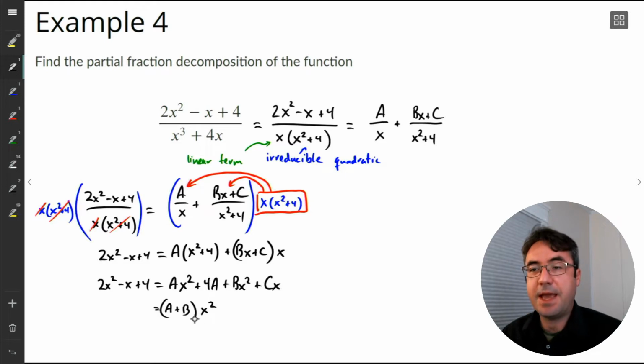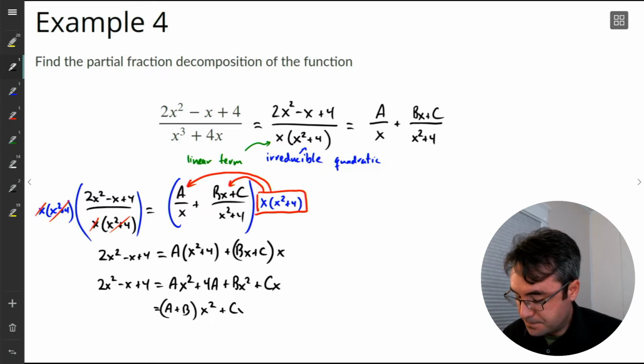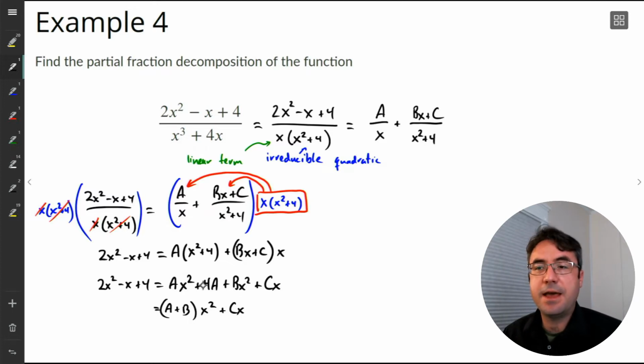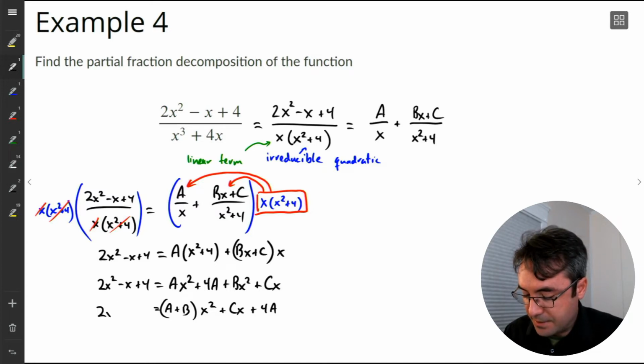So we get a plus b times x squared. Then we have a plus cx. Just go down the order now. And then there's no x term here, so 4a. And we're not going to do anything with the left-hand side.